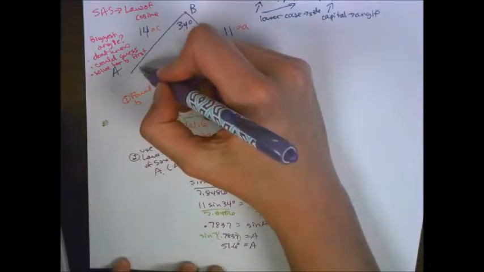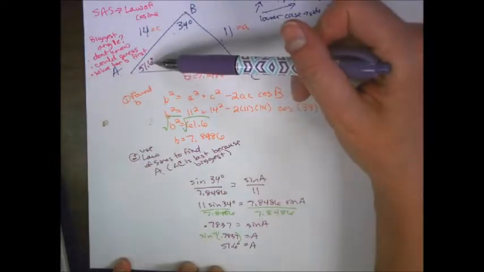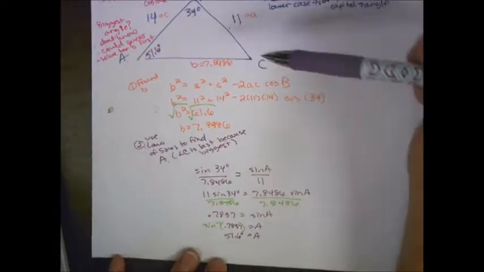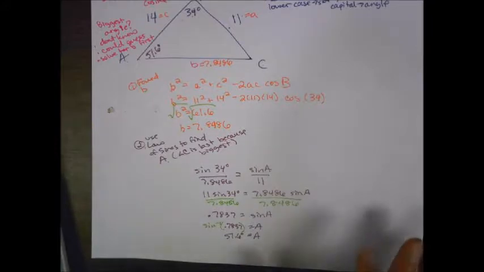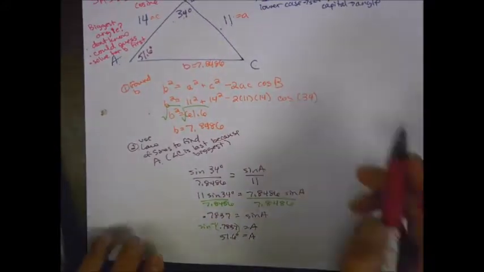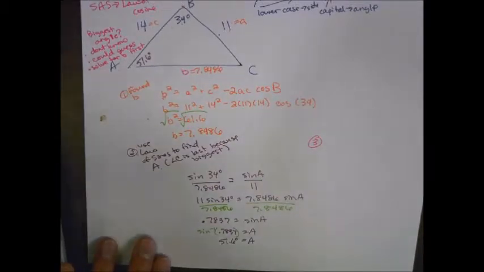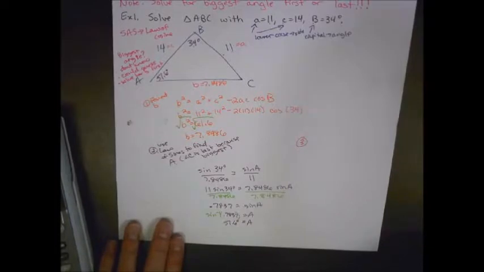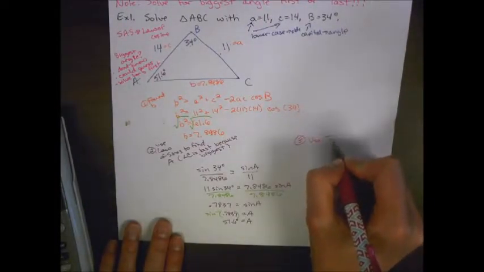I'm going to write that in my picture, 51.6 degrees. And I'm doing one decimal here because we're almost done. We have one quick last step. So for part 3, use triangle sum theorem.